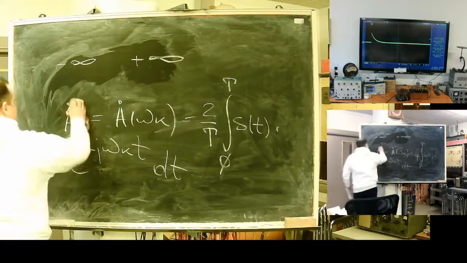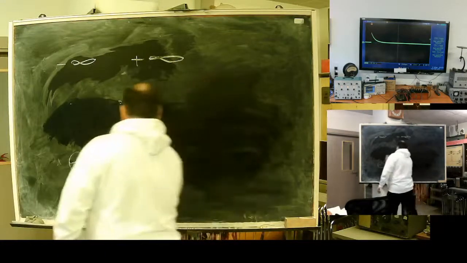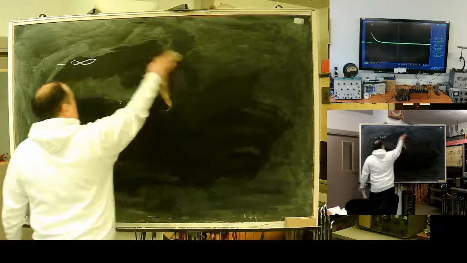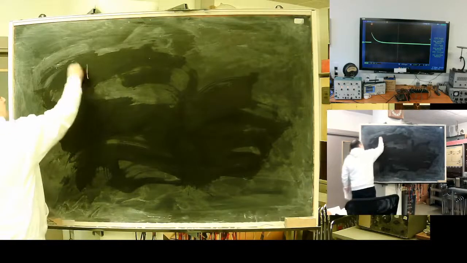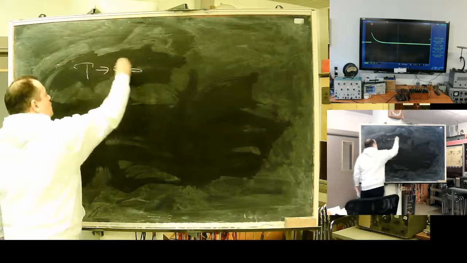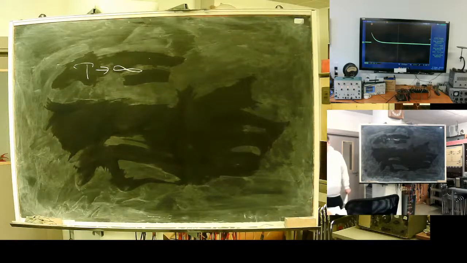This means I can do it on my blackboard, I can do it in theory. I can increase the period to infinity. This means all repeating replicas of the original pulse will be before the creation of the world or after the doomsday.